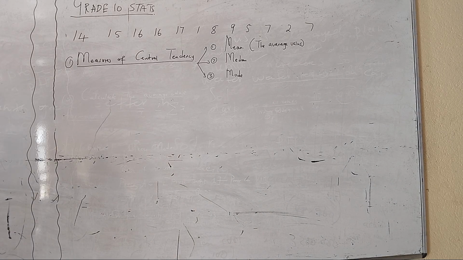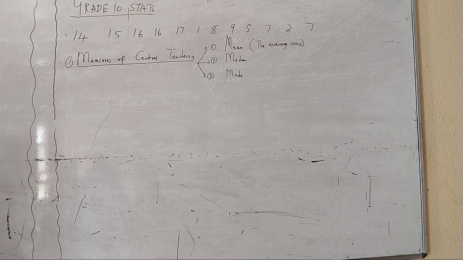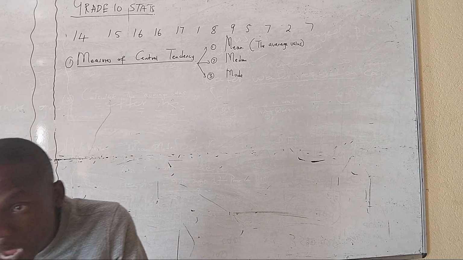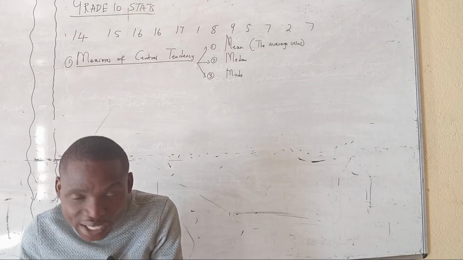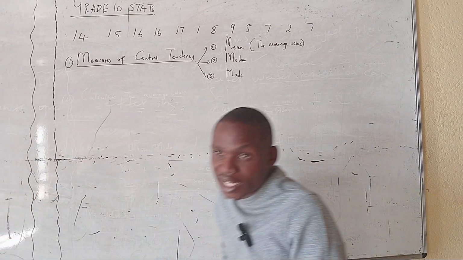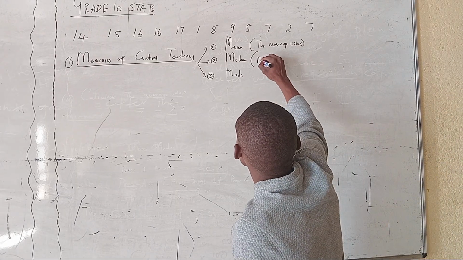Yes, the median is the middle value after arranging your data in ascending order. Don't just say the median is the middle value. The median is the middle value after arranging the data in ascending order. So you have to arrange the data in ascending order first.